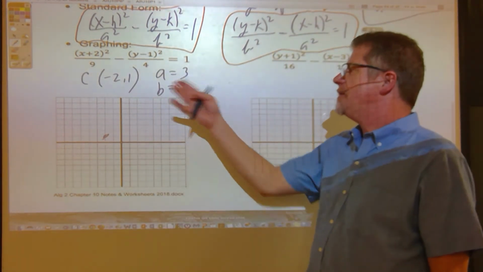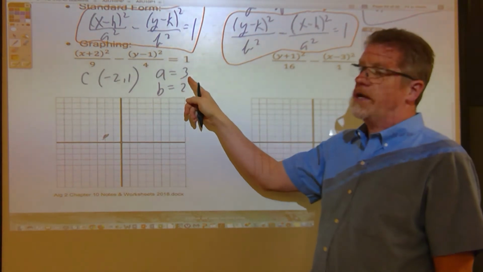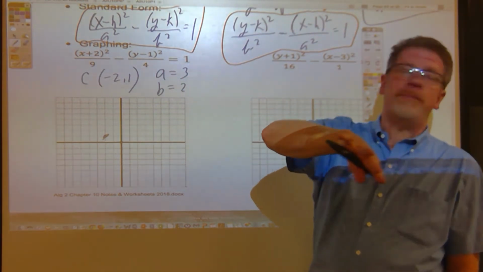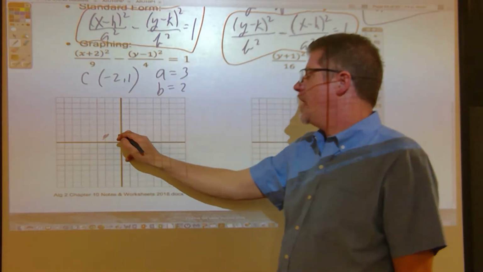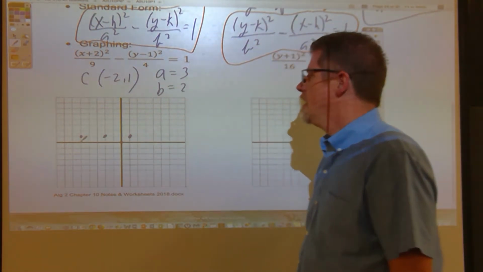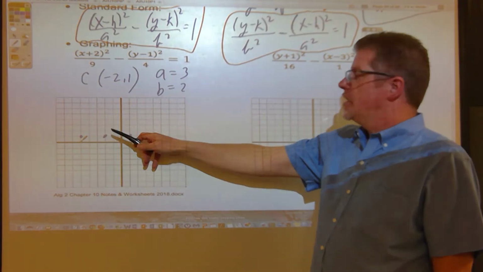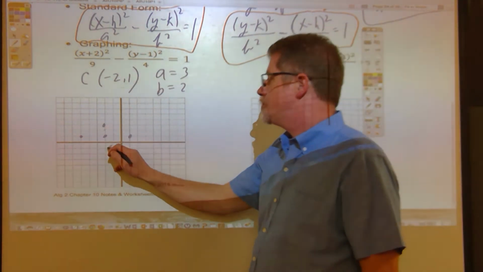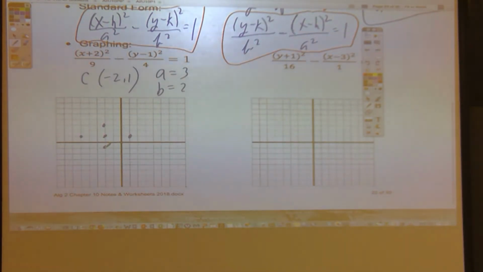Now, if this were an ellipse, we would go right and left 3 units. Same thing with the hyperbola. From the center, let's go right 1, 2, 3, and left 1, 2, 3. And then back to the center. From there, we're going to go up 2 and down 2.